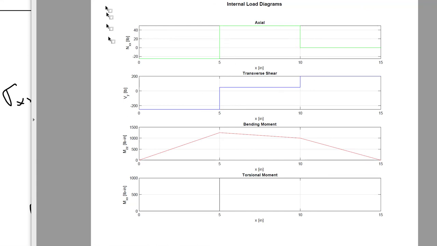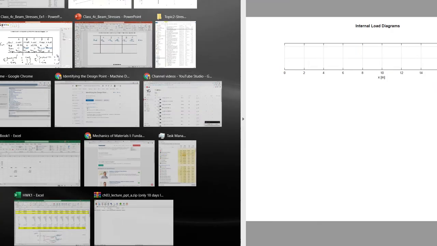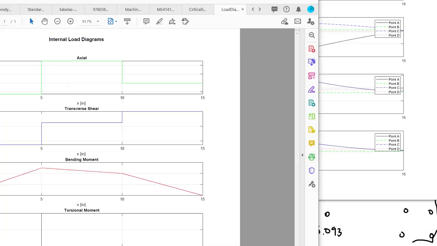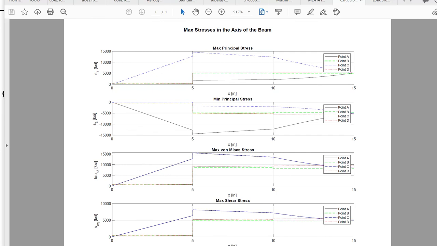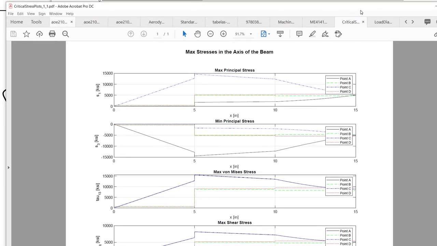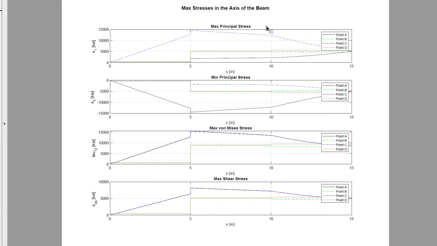It gives you the load diagram, but it also gives you something very interesting and very handy: a file called the critical stresses. The critical stresses are basically the maximum principal stress, the minimum principal stress, the von Mises stress, and the maximum shear stress.